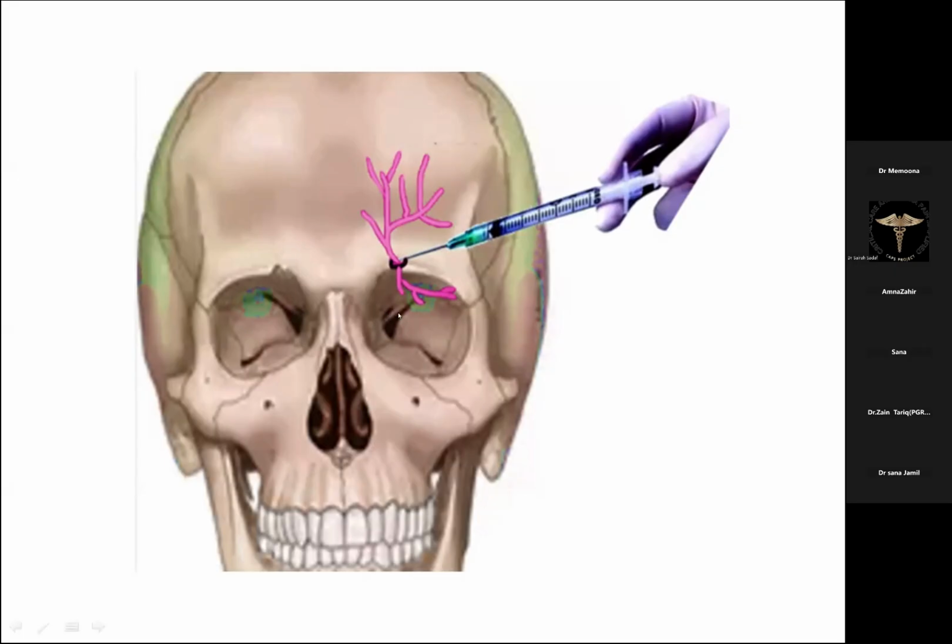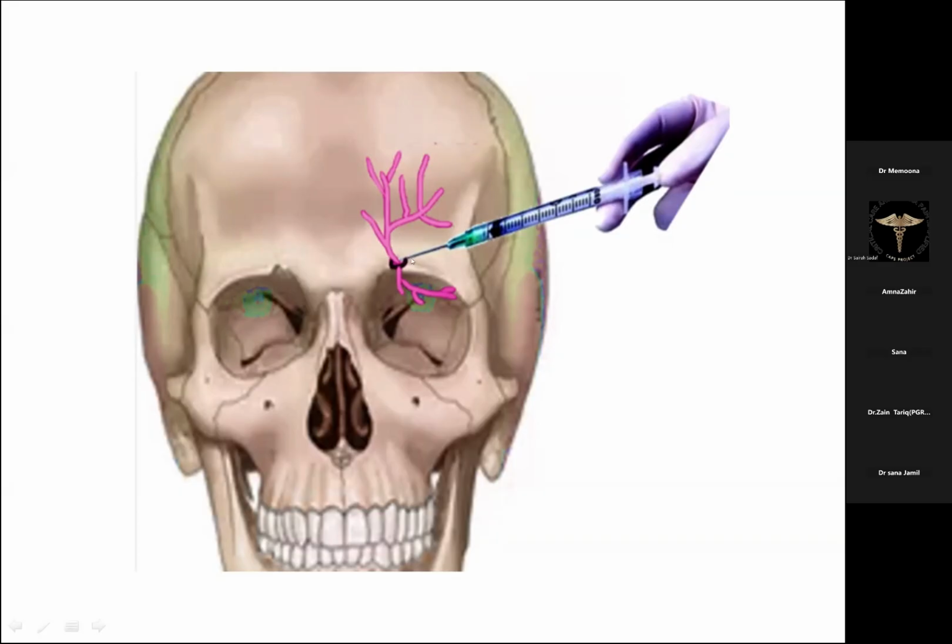The point of the pupil coincides with this foramen, and we can identify the point of injection. Another method is to draw a line from the middle of the bridge of the nose and then move laterally about 2 centimeters. This again coincides with this foramen.